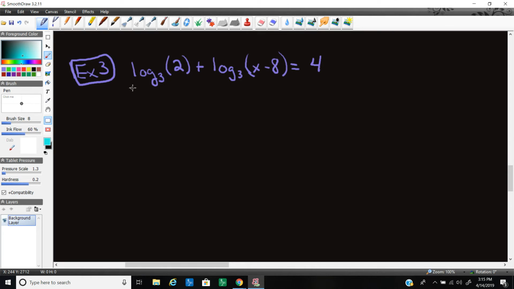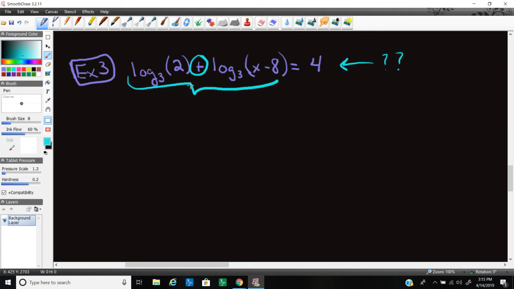Example number 3, we have log base 3 of 2 plus log base 3 of x minus 8 is equal to 4. Notice that this one does not have any logs on the left side. So we're going to have to do something a little bit different for this one. But before we do that, let's go ahead and look at the right side over here. We have the same logarithm, and again, we have another plus.